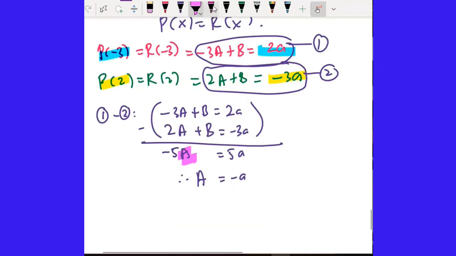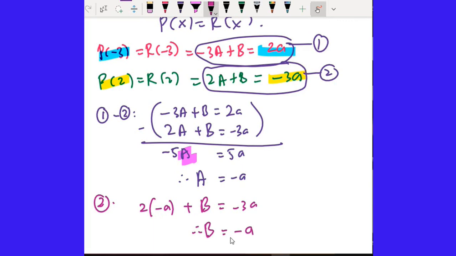Now next step, find B. Use equation 2: 2A plus B is equal to negative 3A. Therefore B is equal to negative 5A. Then find the remainder.